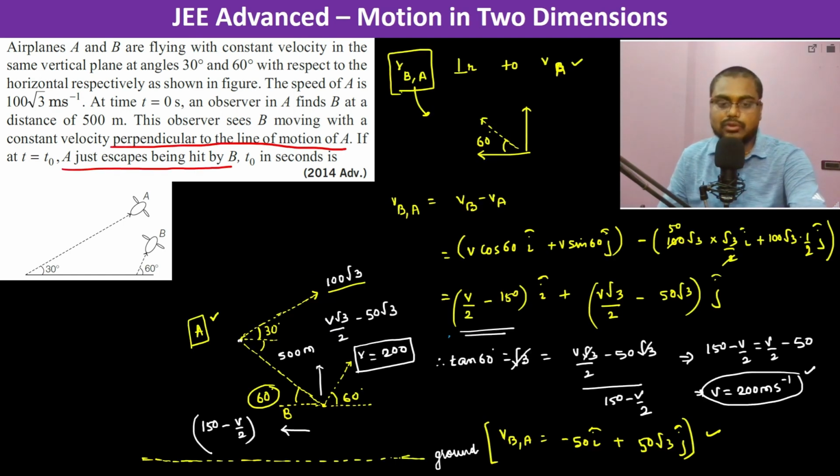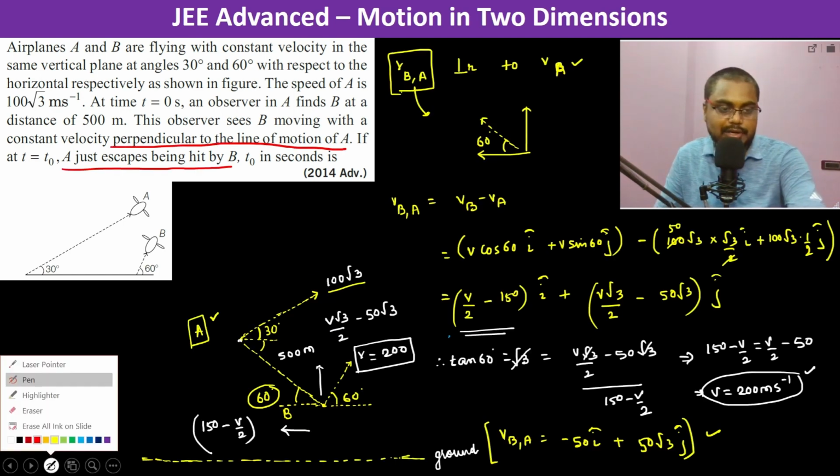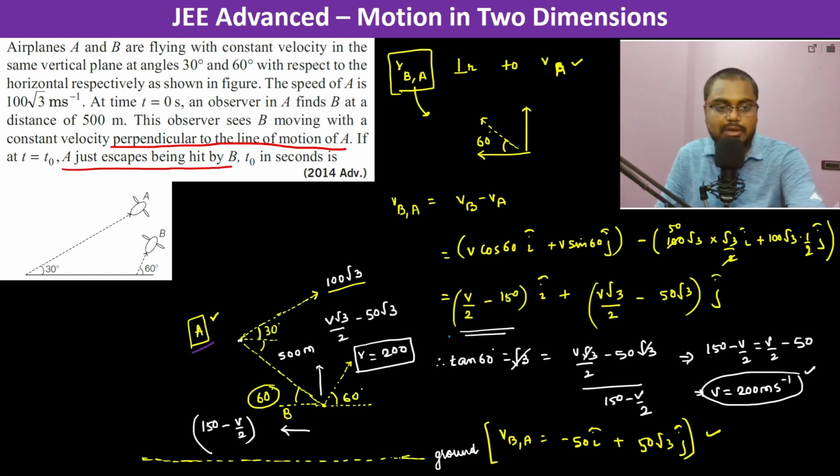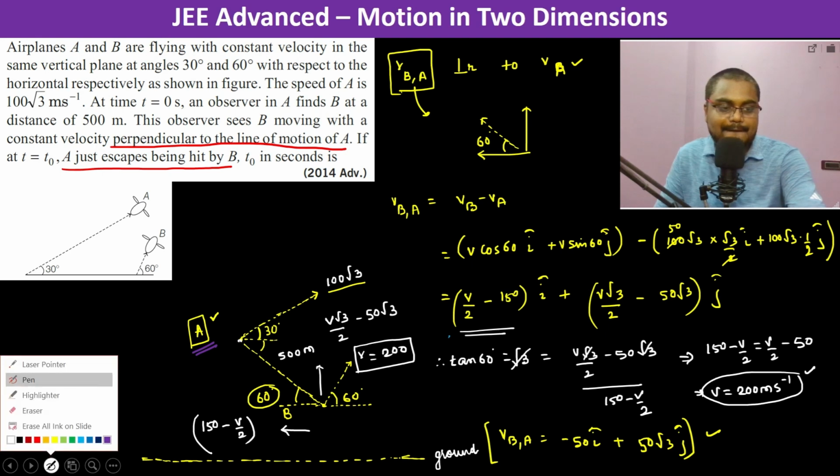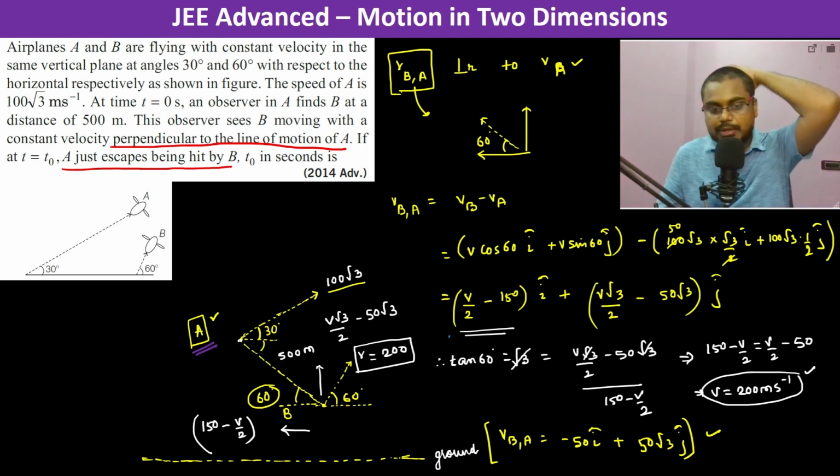Okay, so again I will explain how we started. We took A, and we took B, and both are at some height here.